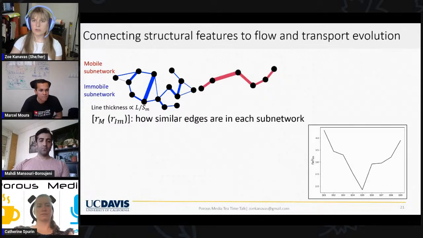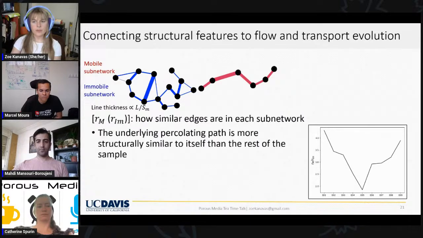And that's shown here. In all cases, the ratio is greater than 1, meaning that the similarity metric is greater in the preferential flow region relative to the immobile flow region. Initially, the similarity in the mobile region is getting weaker, indicating that the mobile region is less competitive or preferential relative to the rest of the sample.